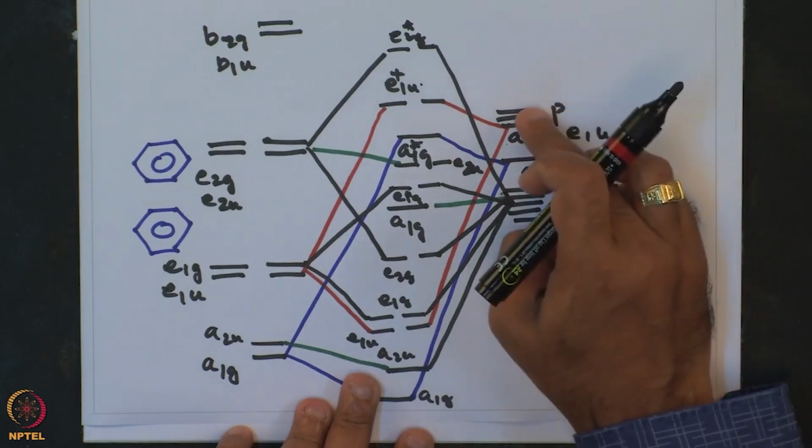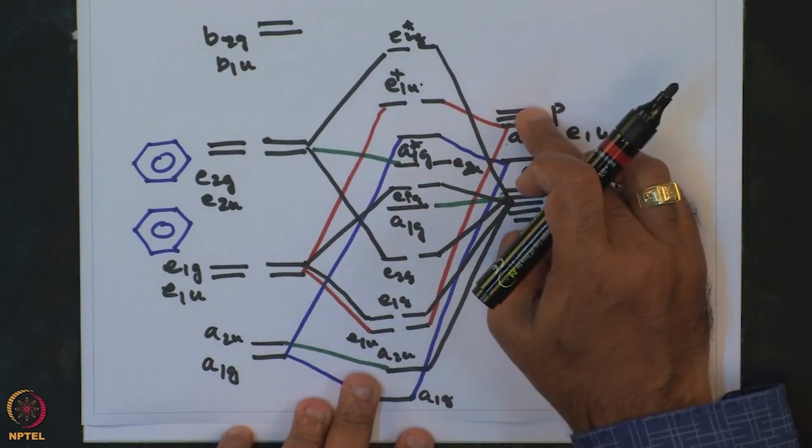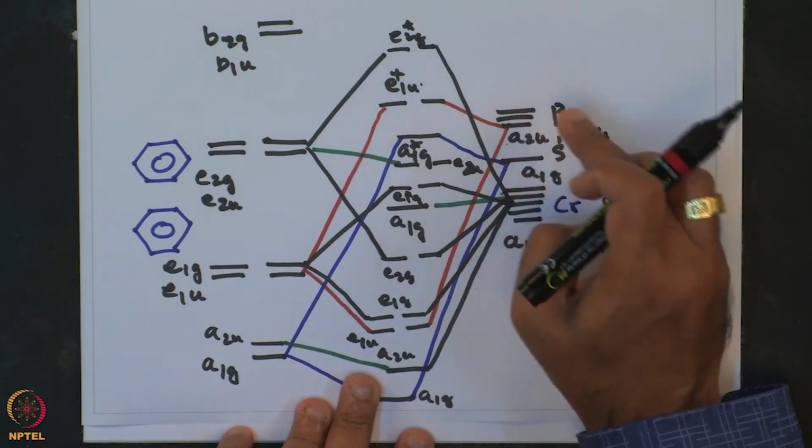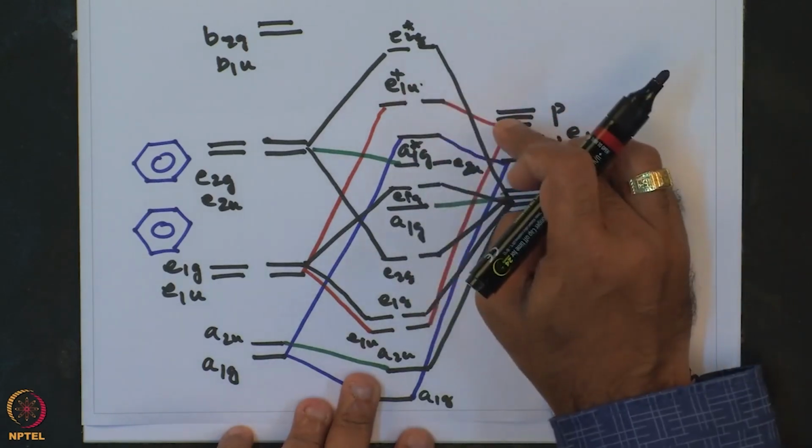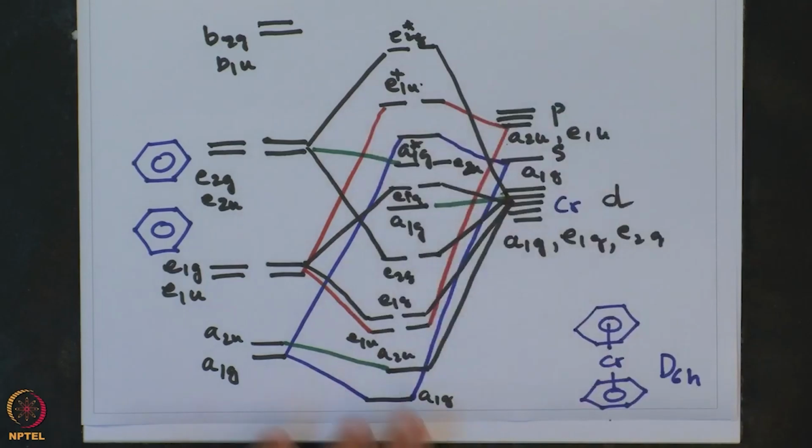Similarly, for this E1g is interacting, and A2u is non-bonding.